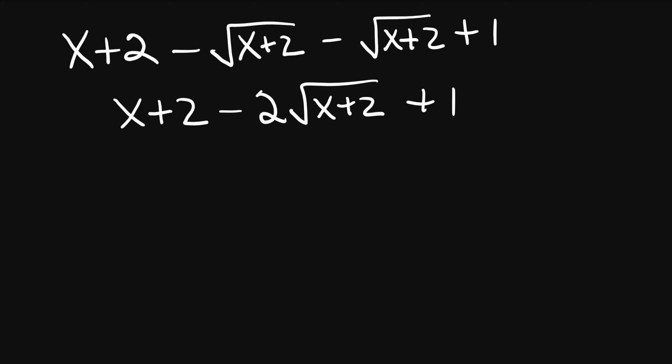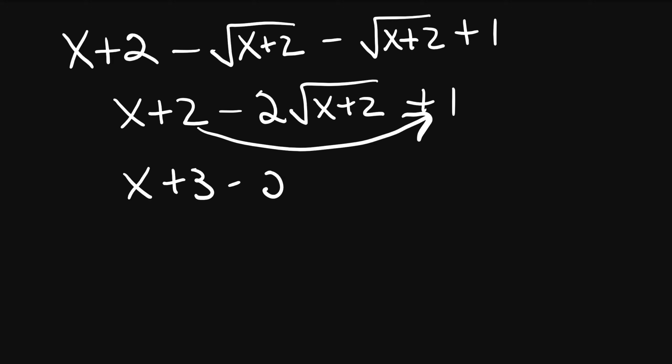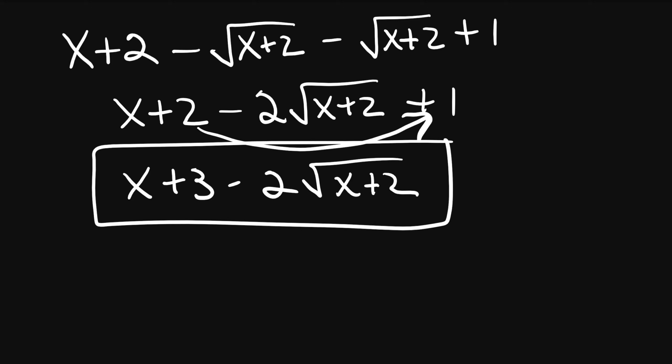And how about we just add the 2 and the 1 now, just like we did earlier. 2 and the 1 is 3, so I got the same answer. X plus 3 minus 2 square root of x plus 2. There. And we get the same answer that way. Okay, great. Next.